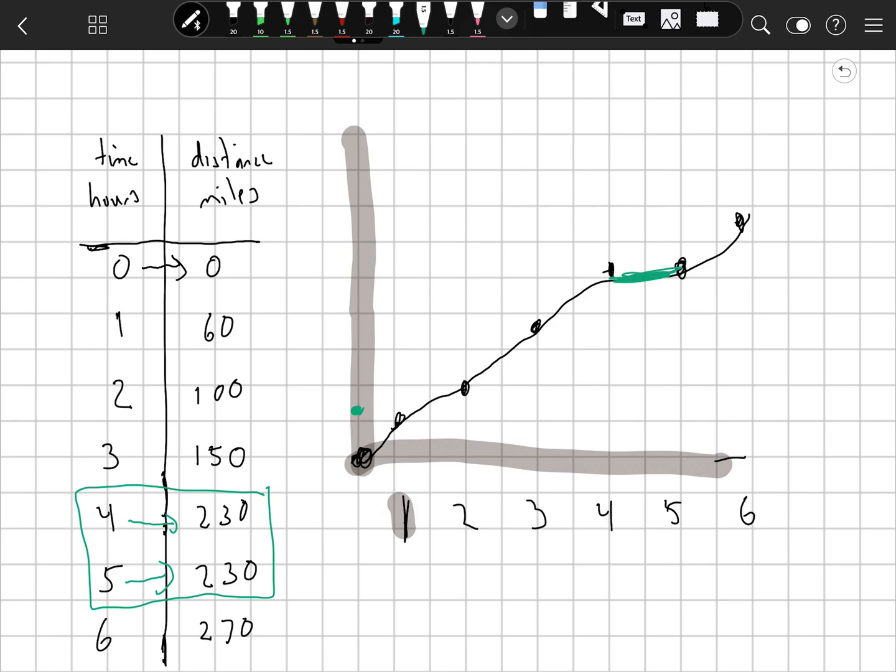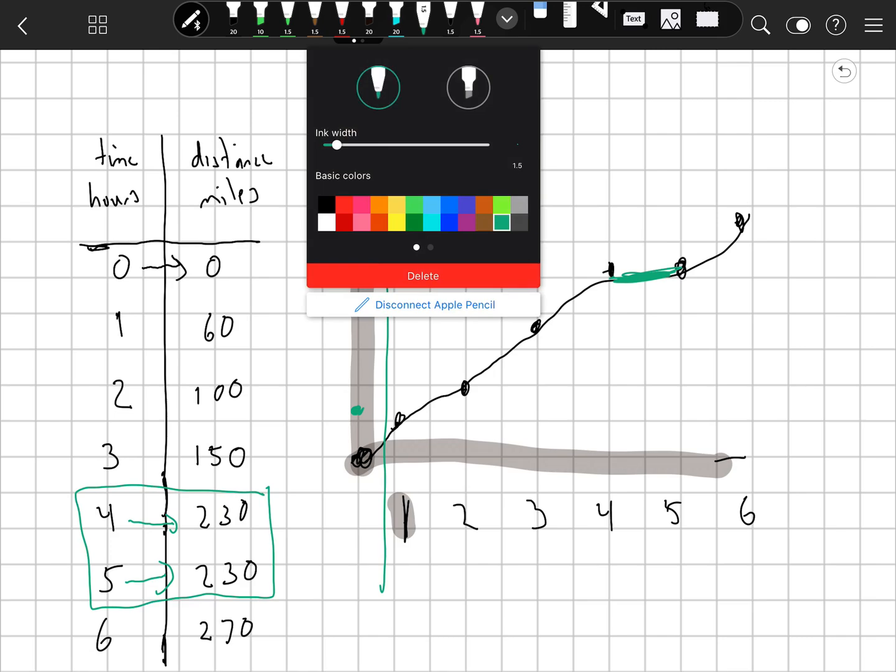One way to tell if something is a function is you can use something called the vertical line test. It's where you take a line, like that green line there, and you move it across your graph.